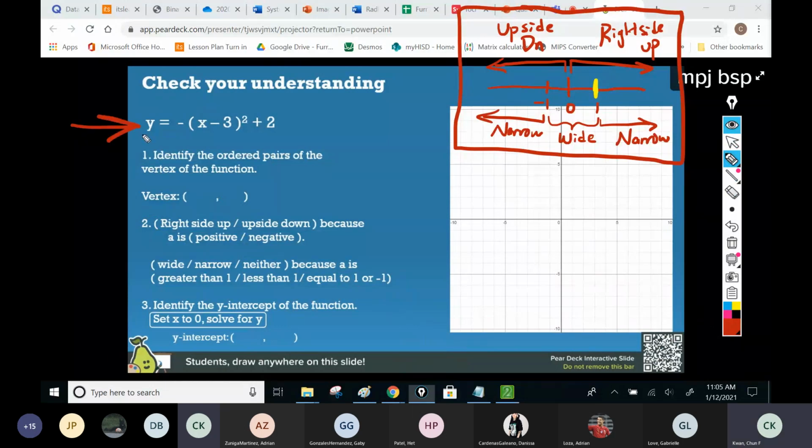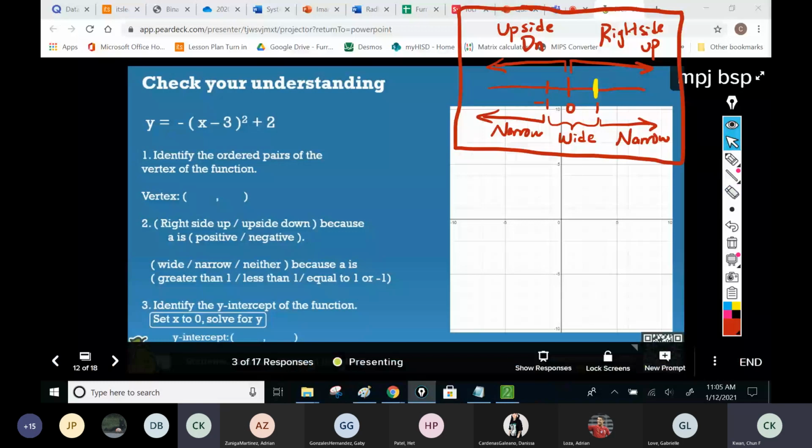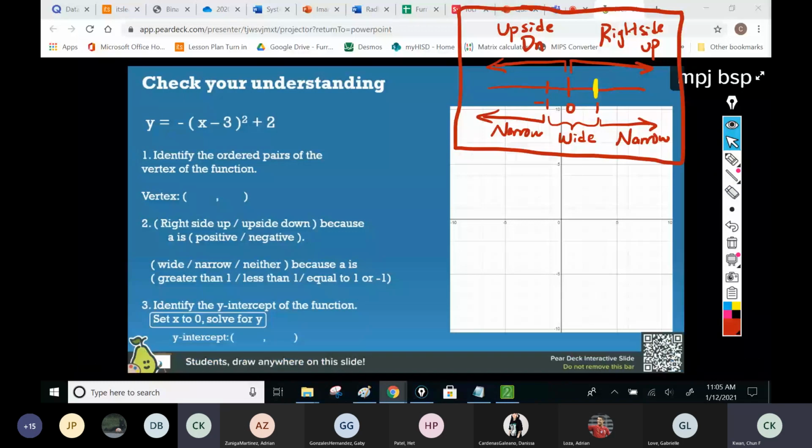So looking at this vertex form, find the vertex. Think about it: is it right side up or upside down? Find the y-intercept. So go ahead and go to Quadratic and give it a try. I will give you guys maybe 5 minutes.